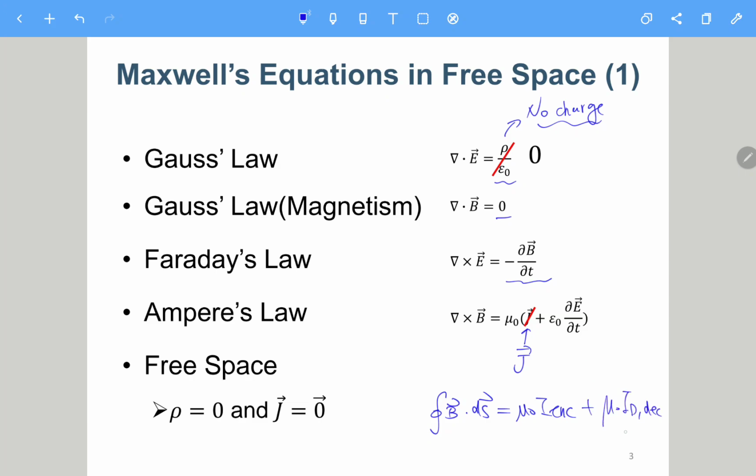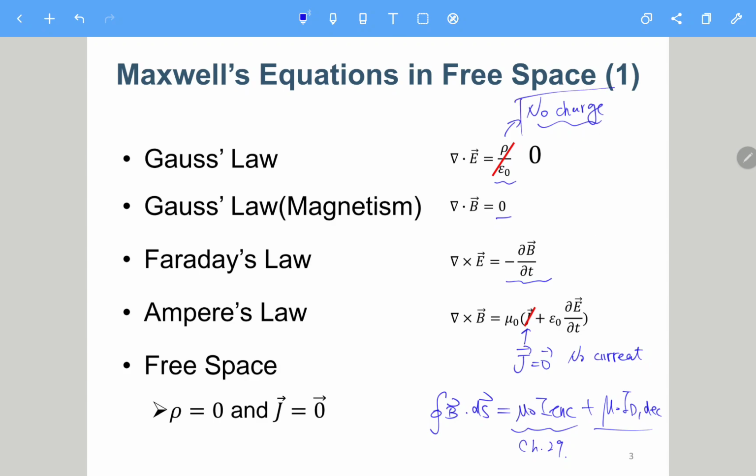This is the displacement current, this is the original current, which you should know from chapter 29. For the integration form, it should be the current on the right side, but for the differential form, it changes to the current density. But here we also assume that it is zero, so there is no current or charges to interfere with the propagation of the EM wave.